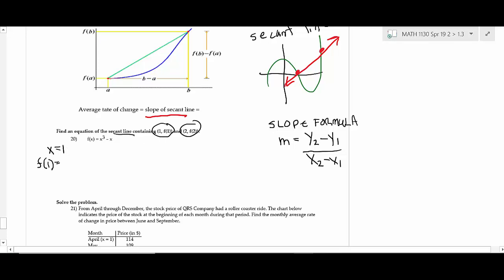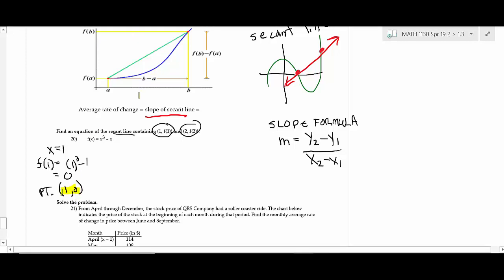You just plug into your function. So you'll have 1 to the 3rd minus 1, so you'll get 0. So what you get is a point, x is 1, y is 0. If you're going to find an average rate of change, you just got to know what those 2 points are. So that's point 1, we got that.